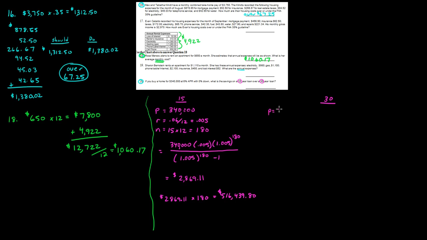Now, if I were to do this for 30 years, the only difference in my formula is my P is still 340,000. My R is still 0.005. My N is now 30 years times 12 payments per year for a total of 360. So if I plugged it into the formula, it would look like this.